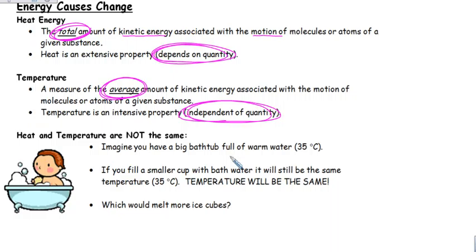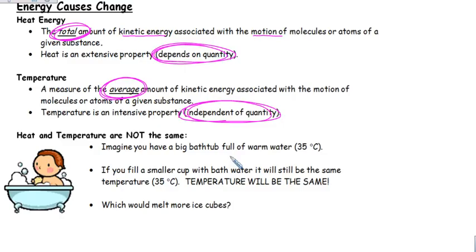Let's say you have a giant bathtub and it's full of warm water. And warm water may be like 35 degrees Celsius. We're so used to measuring in Fahrenheit. So let's say I have water at 35 degrees Celsius in a giant bathtub. It's warm water. Then I take a small cup. I take a small sample of water from the bathtub.